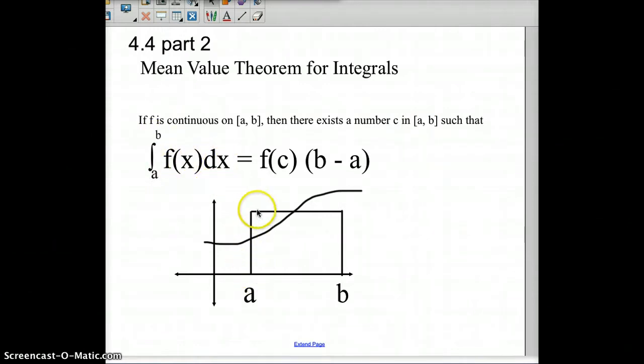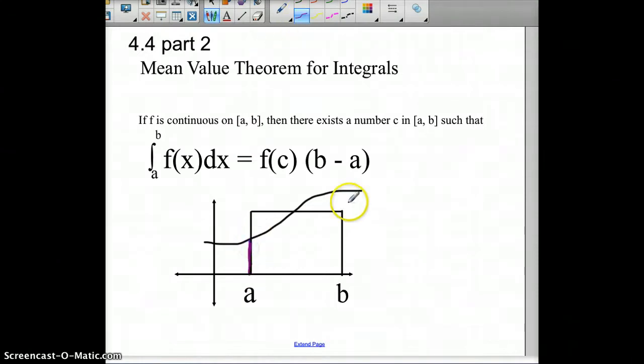which remember represents the area under the curve, so this area under this curve from a to b. So this area from a to b, I'll use a different color, this whole area would be equal to the area of a region that's rectangular that has the dimensions f of c, which is a y value, so let's say this is c right here.